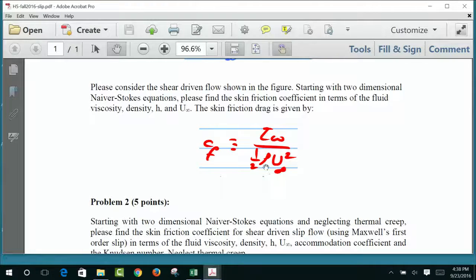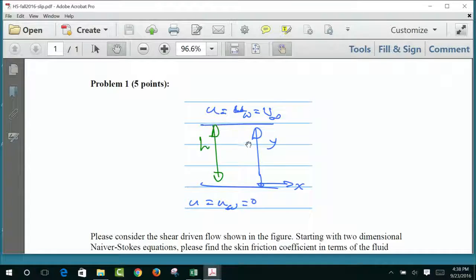But he wanted it to be dimensionless. When the shear stress is made dimensionless, they scale it with a stress. What's the unit of the shear stress? Just like the pressure. What's the unit of the pressure? Newton per meter square. That's Pascal, right? So they make the shear stress dimensionless by dividing by another Pascal. It's half rho U infinity square in this case.